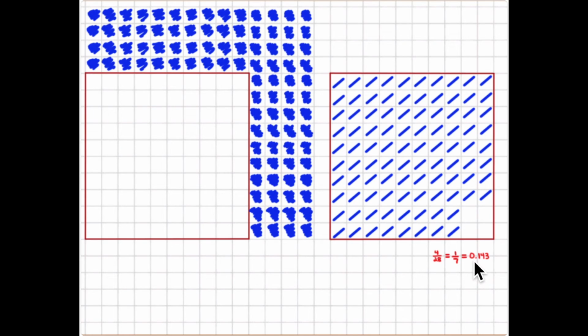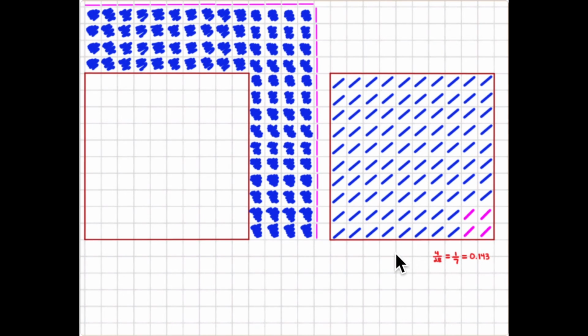So it's a very small amount, it's 0.143. So there's those pieces spread out across 28 squares. So this piece right here is just 0.143 or 143 thousandths of this square right here.